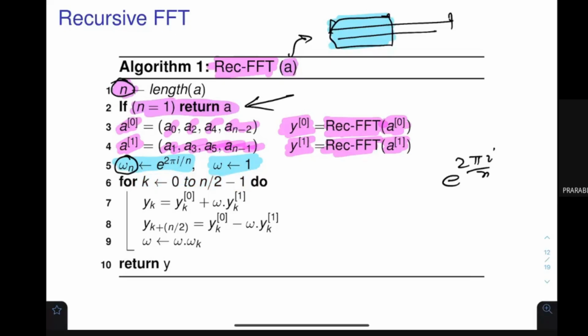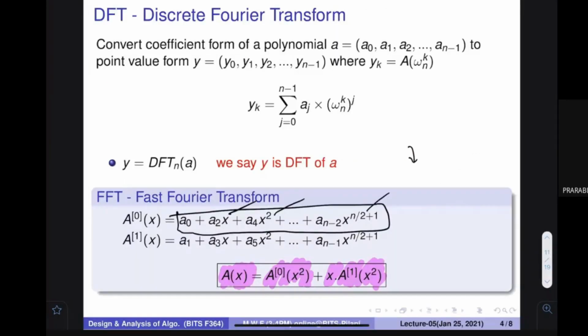Please see this. For half of the items, I am going to find out how to compute, because two things are computed. When you want to find out this particular value, you have to use these two things, and multiply by omega to the k and find out the value.